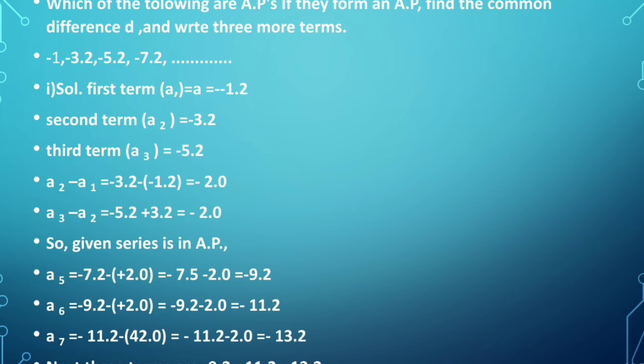And again, A6 is equal to minus 9.2 plus minus 2.0, that is minus 9.2 minus 2.0, we get minus 11.2. So similarly we get A7 as minus 13.2.